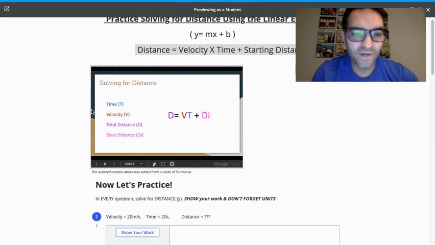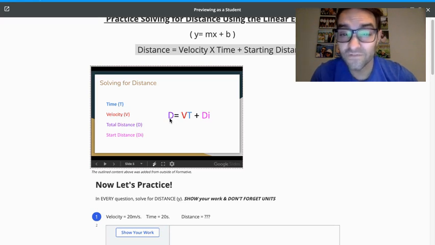So then one way to rewrite this, with the variables labeled: when you see t, that's going to represent time. v is going to represent velocity. Our total distance, when we're saying solve for distance, that's the total distance of the scenario, and so that will just be d.